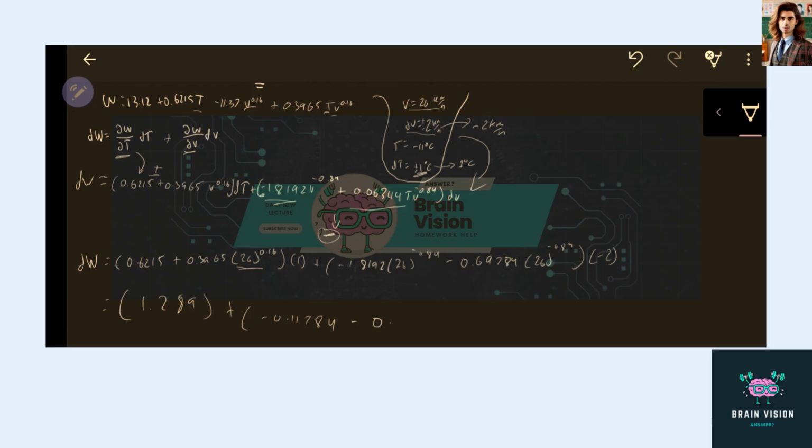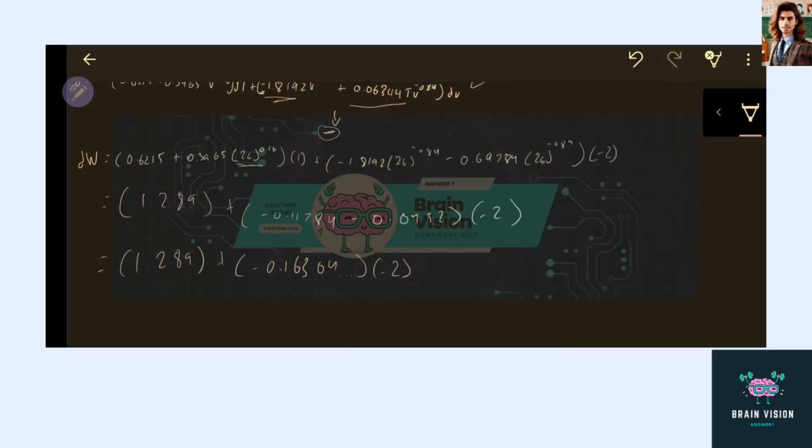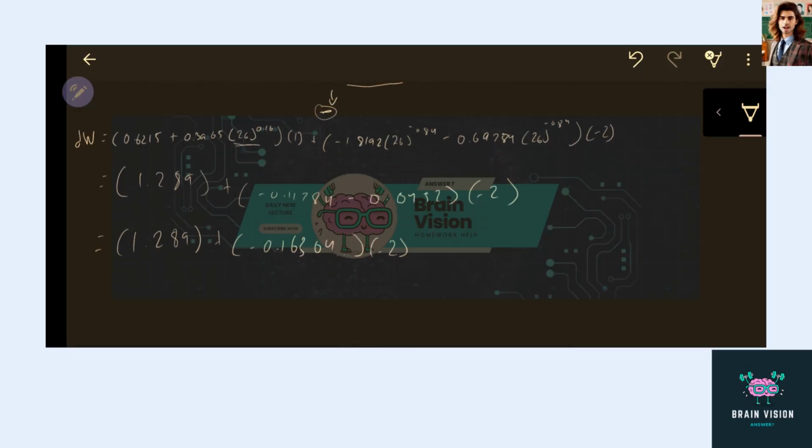So you do that minus 0.0452, all of that times negative 2, and that inside part will just be negative 0. So I'll write this in another step, plus negative 0.16304, if you want to keep going, times negative 2, and you multiply that by negative 2, you get a positive number, and then you add that to 1.289, and you'll get approximately 1.615.